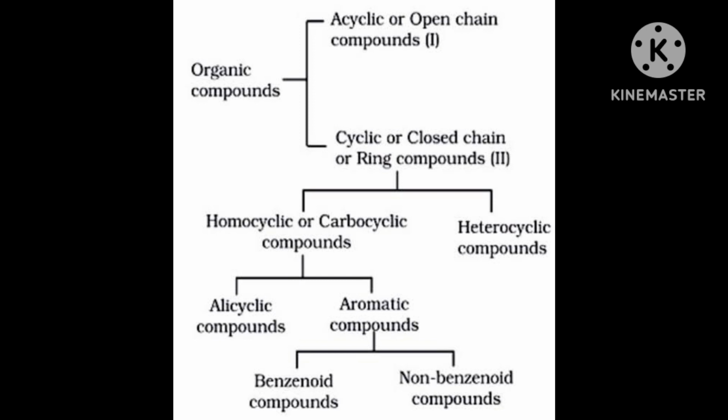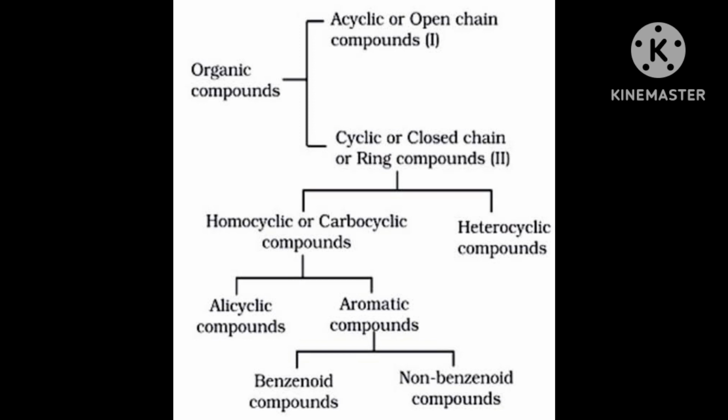Formica, it came from the word formica, ant, because it is found from the ant. So if H is attached with the aldehyde, it is called formaldehyde. If CH3 is attached, it is called acetaldehyde. Now you can see this is also a branched compound.